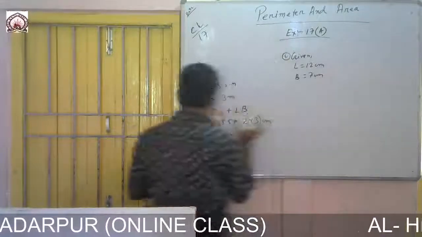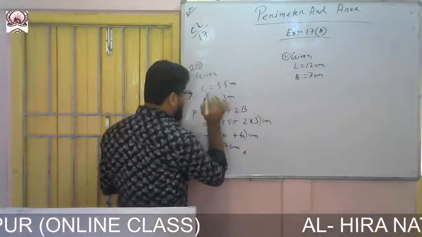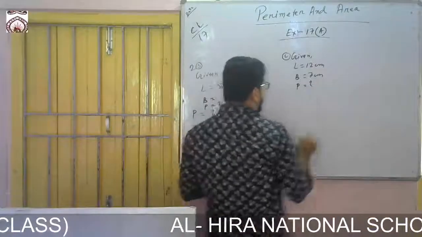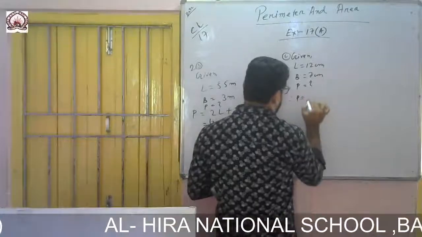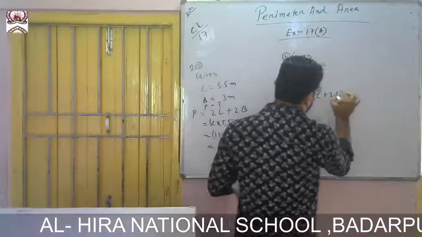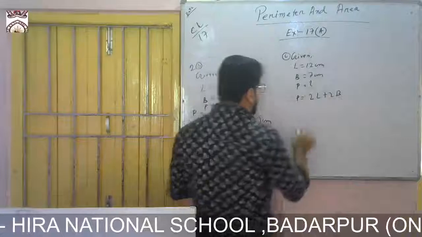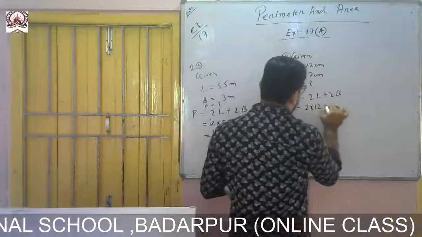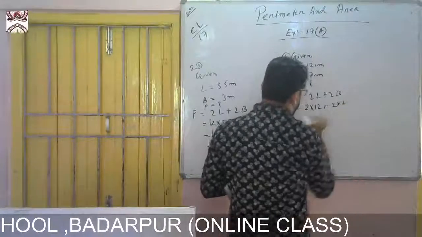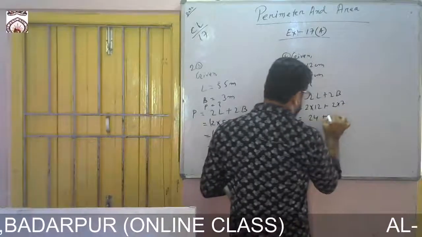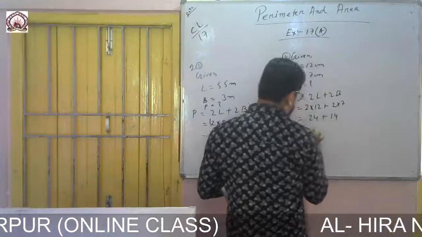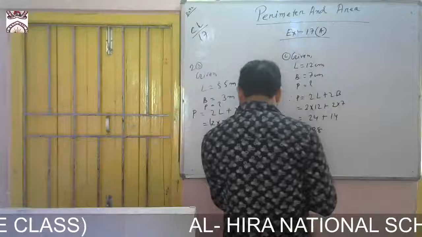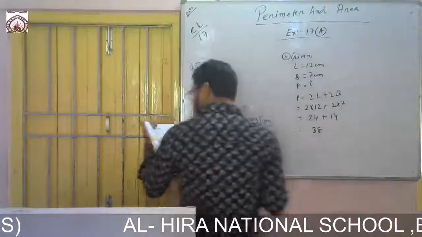Therefore write P equals question mark, that means we need to find P. Therefore P equals 2L plus 2B. So write 2 into 12 plus 2 into 7. So 24 plus 14, which is 38.